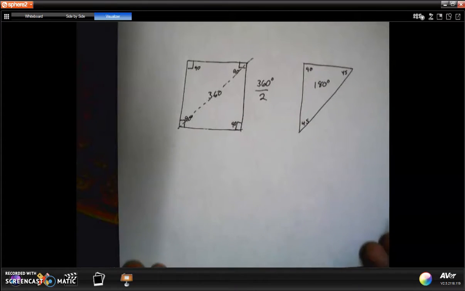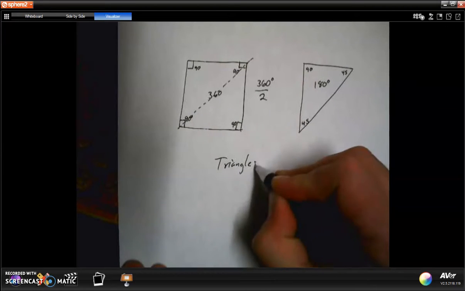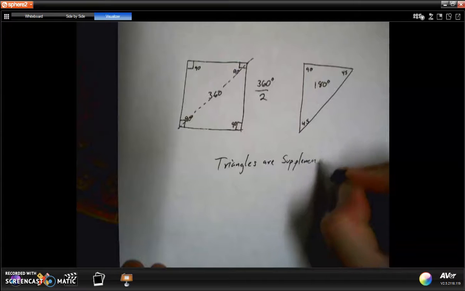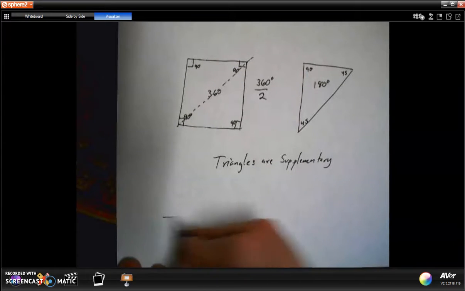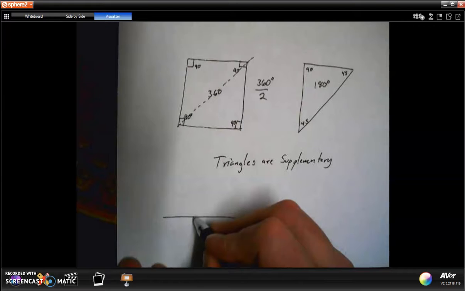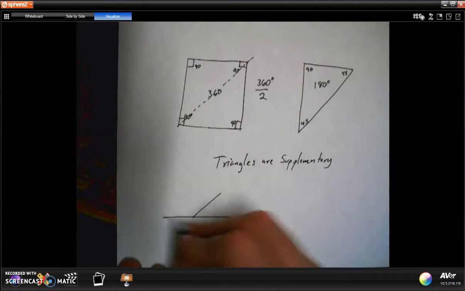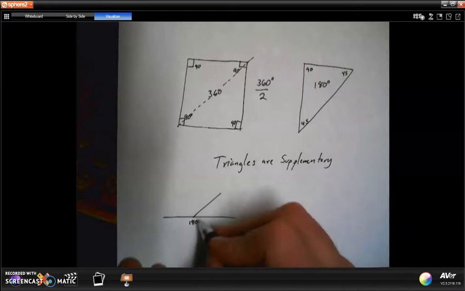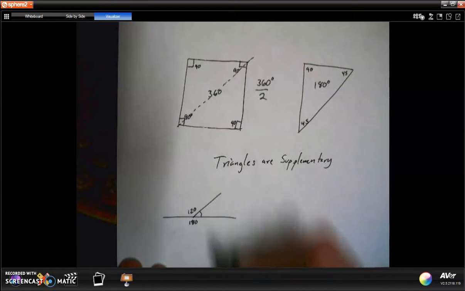You could then say that triangles are supplementary. A supplementary angle is when you have two or more angles that add up to 180 degrees. For example, this is a straight line, so that line is 180 degrees. If this angle right here is 120 degrees, then what has to be left over?